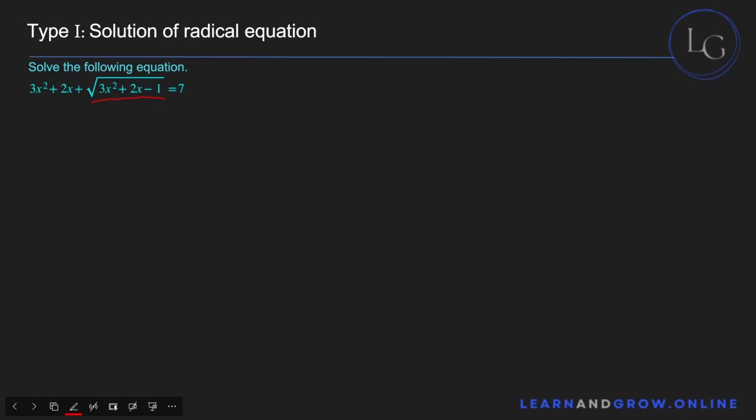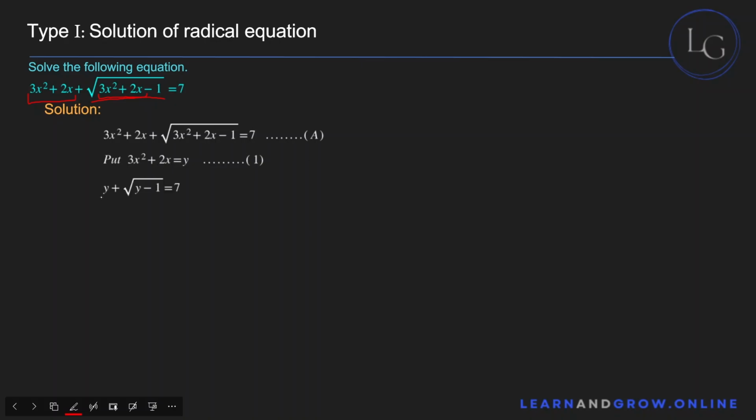And let's solve this by converting it into a quadratic equation. Now, what we'll do here is, as you know, 3x squared plus 2x is over here, and it is also over here. So what we'll do is, you'll put 3x squared plus 2x equal to y.